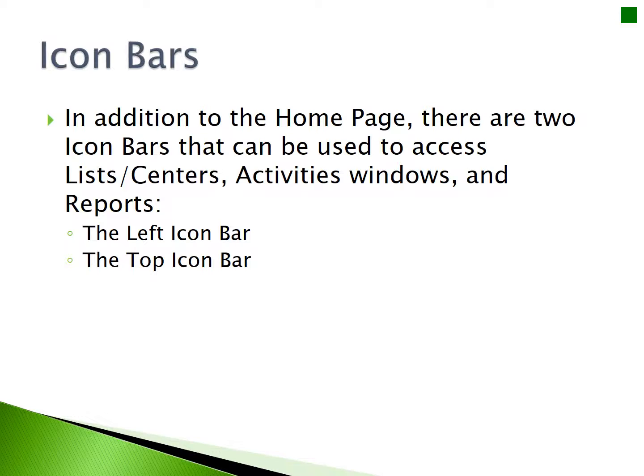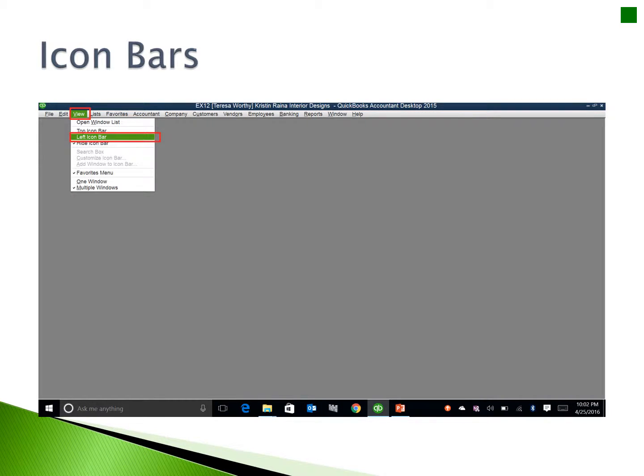There are also two icon bars that can be used to access lists, centers, activities windows, and reports. The left icon bar and the top icon bar. To view the left icon bar, click View on the main menu bar and click Left icon bar to place a check mark beside Left icon bar to enable it.